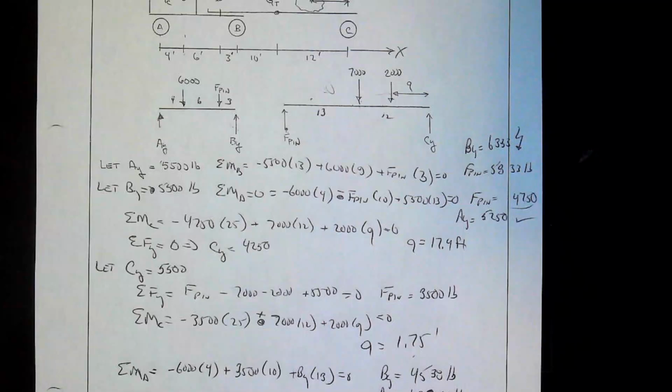That'll tell me what B is and so on and so forth. So we have minus 6,000 times 4 minus F pin, which is 3,500, times 10 plus BY times 13. Set that equal to 0, and you would come up with BY is 4,538 pounds. Summing the forces in the Y, AY is 4,962 pounds. Both well in line, and the problem checks out.